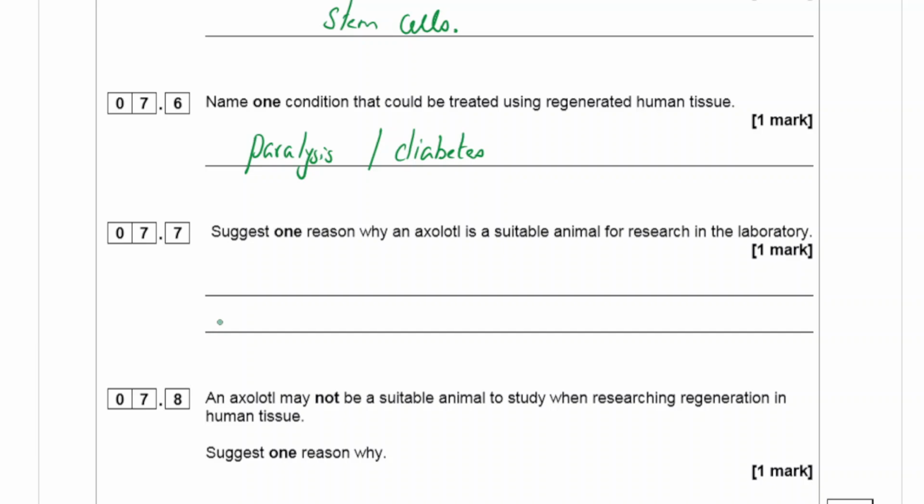Suggest one reason why an axolotl is a suitable animal for research in the lab. Well, could it be the size? Yeah, they are quite small, and they would need to just grow in water, so they can be grown like fish, right? So small, so easy to keep or to breed.